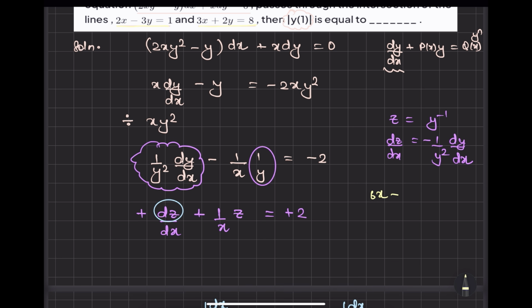So we have 6x minus 9y equals 3, and then we will multiply by 2. So 6x plus 4y equals minus 16, and then subtract. So signs change, and this thing is gone, so we are left with minus 13y equals minus 13.